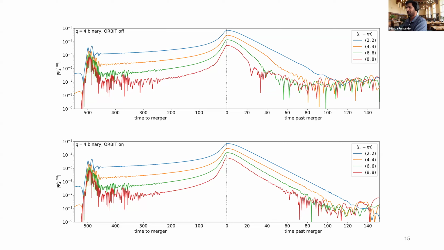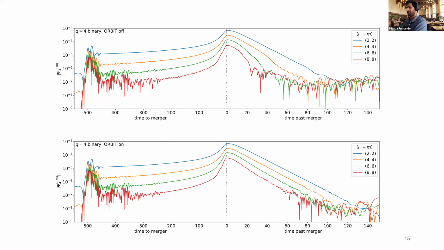We can run with the tweaking of the wavelets, with this orbit refinement enforced or without it. For some cases with the orbit refinement, because it enforced additional refinement on the extraction regions, it increased the number of degrees of freedom on our grid a little bit.